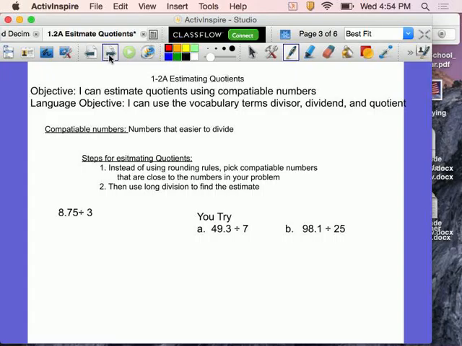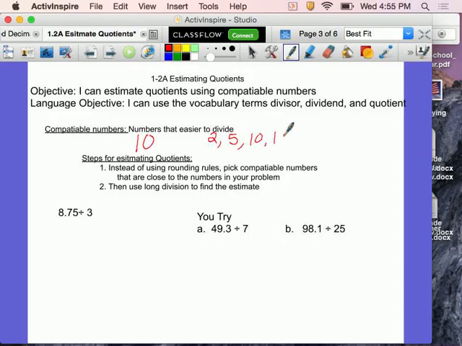So compatible numbers are numbers, like in this instance, that are easy to divide. So say I've got the number 10. Things that are easy to divide 10 by are like 2. 10 divided by 2 is 5. 5 is another one. 10 is 1. 1 is 1, and so on.